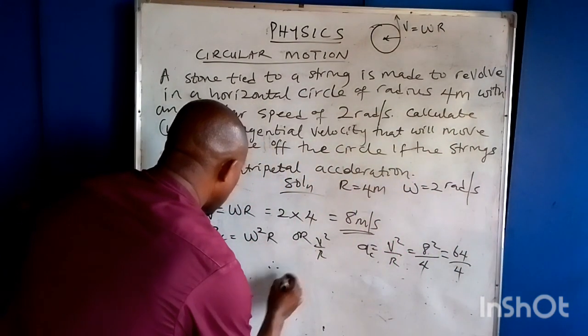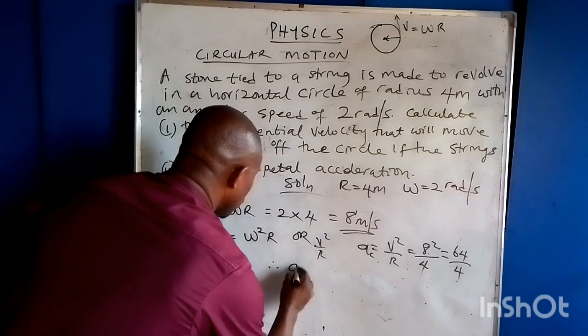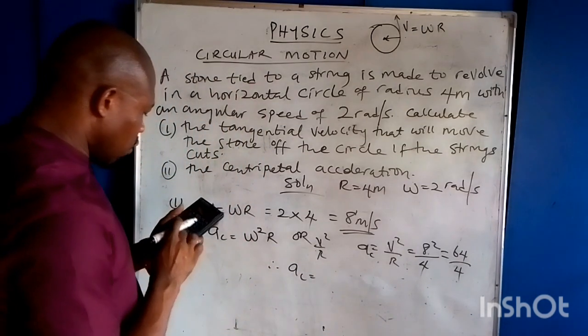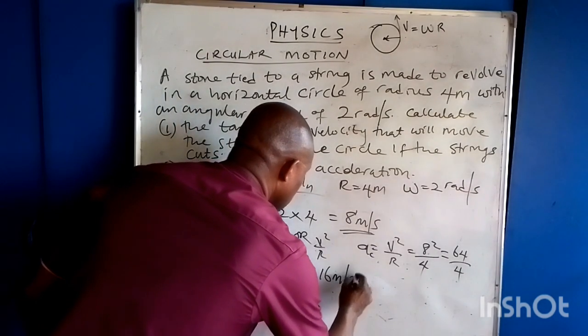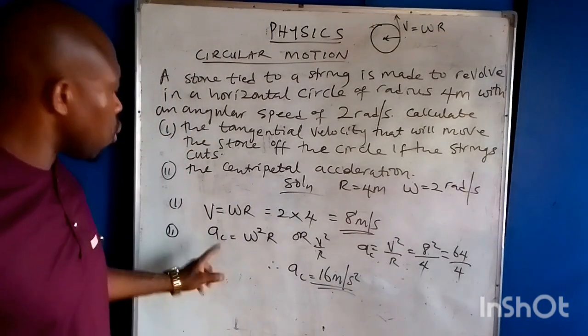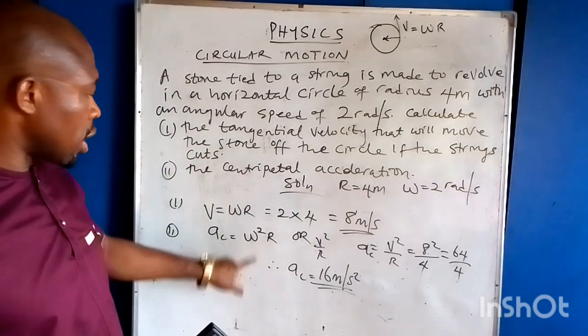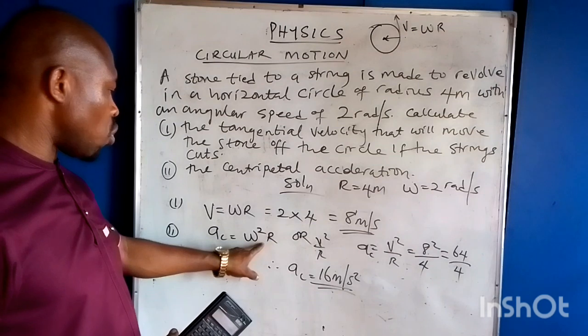Therefore, the centripetal acceleration will be 64 over 4, which gives us 16 meters per second squared.